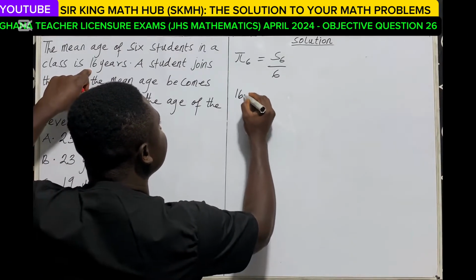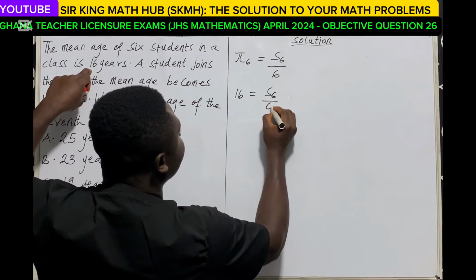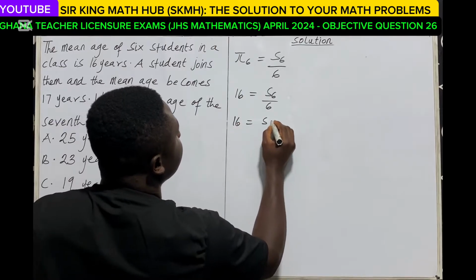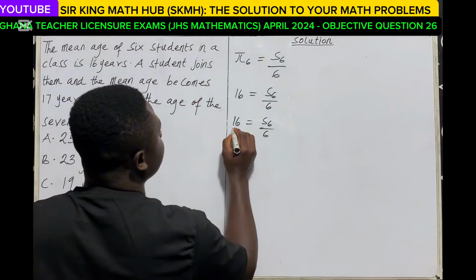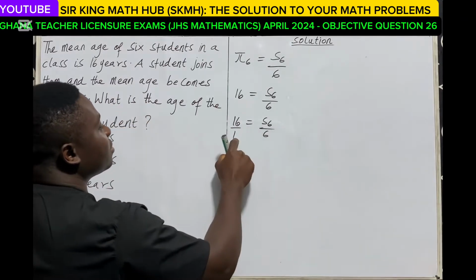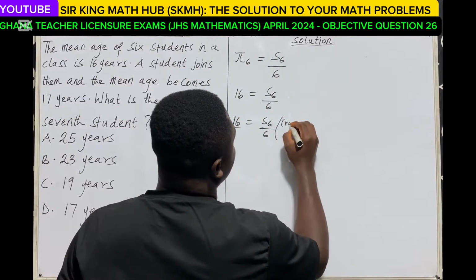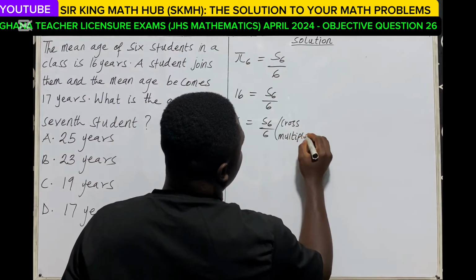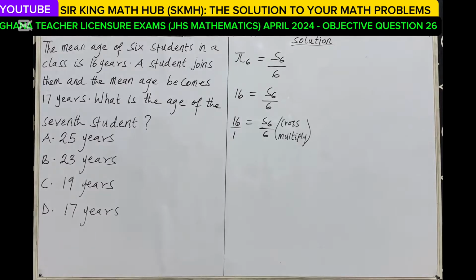So 16 must be equal to sum of 6 divided by 6. Now let's solve for sum of 6. We can write 16 as 16 over 1. Then we can cross multiply. So we have 16 times 6.